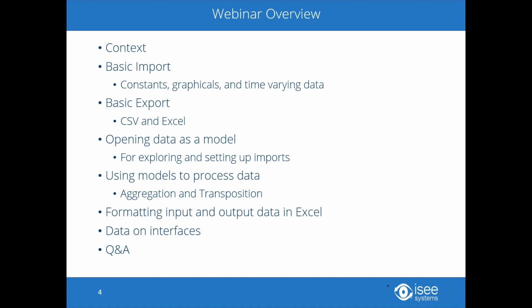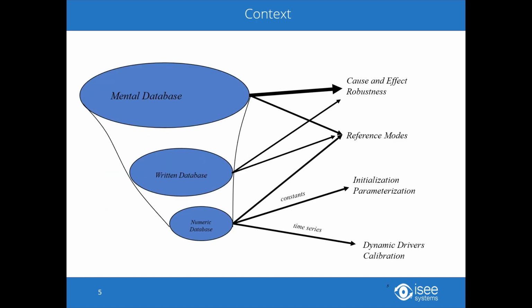I'm going to touch very briefly on data interfaces, so I won't actually do an example of that, and then we'll follow that with a Q&A time, hoping to talk for about 40 minutes and have 20 minutes for questions.